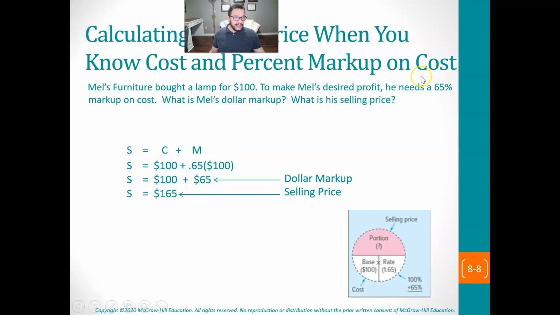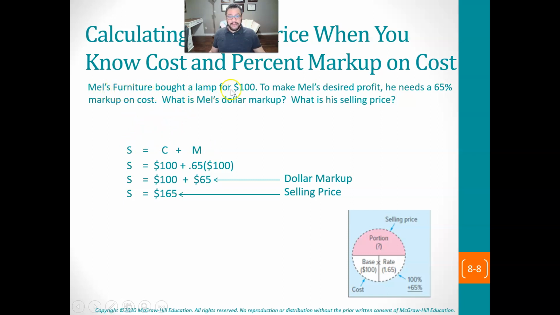You got to be paying attention to this. What is the percent markup on cost? Or just understanding dollar markup and percent markup, and you just work through the problem. So working through again, this is our formula. S equals C plus M. Selling price equals cost plus markup. You just start filling it in.